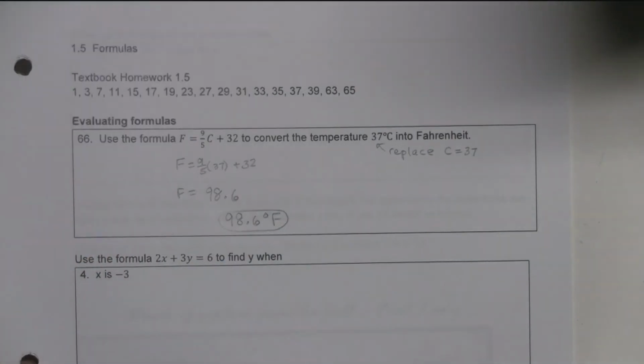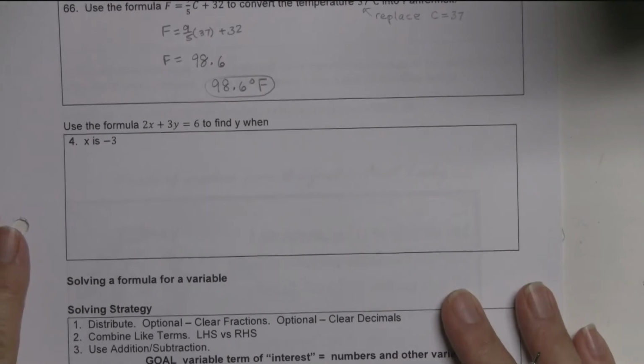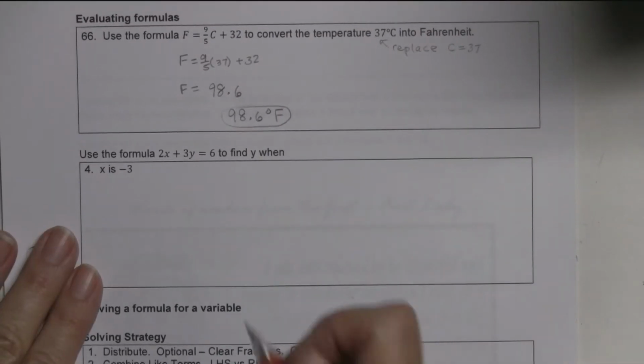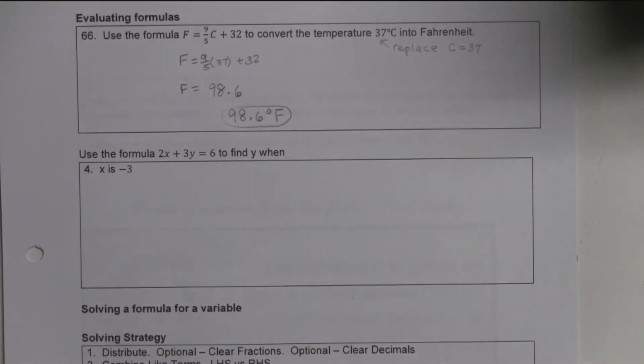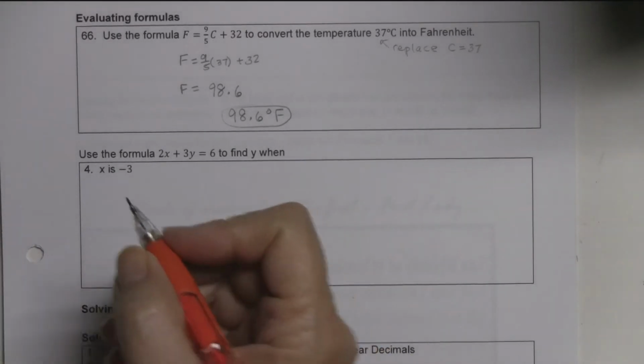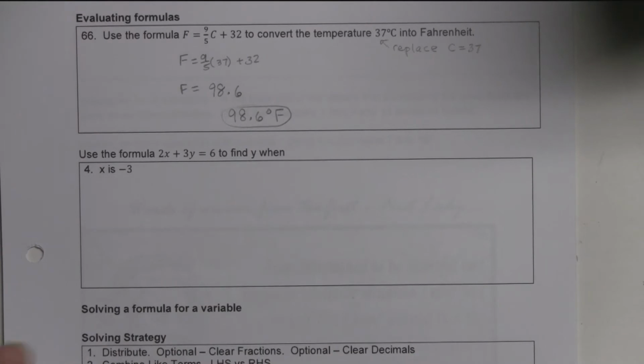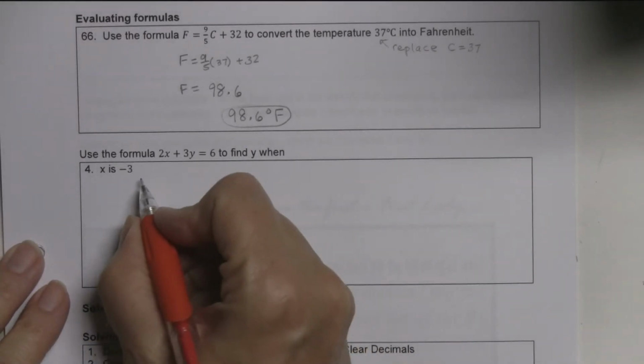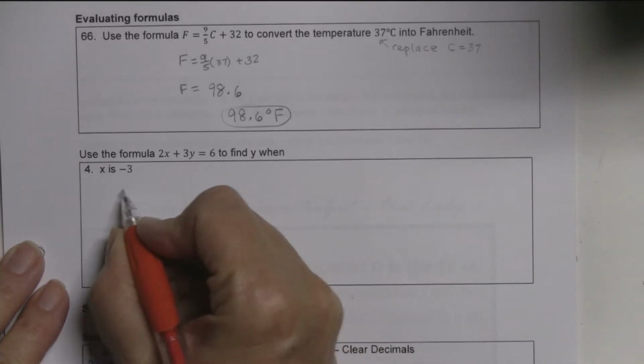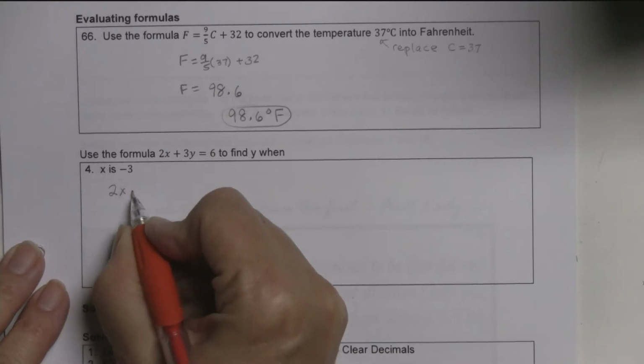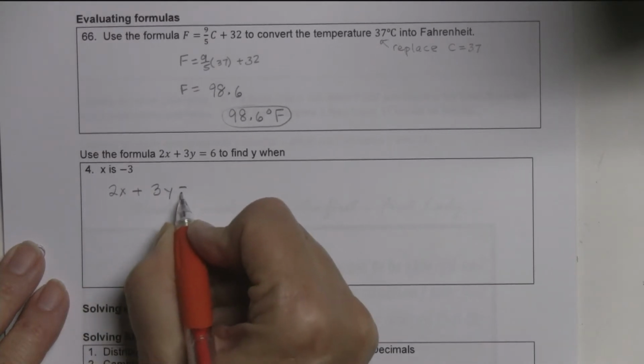And then here, this is problem 4. They've given me this: use the formula 2x plus 3y equals 6, and find y when x is -3. So we're going to use this equation here, 2x plus 3y equals 6.